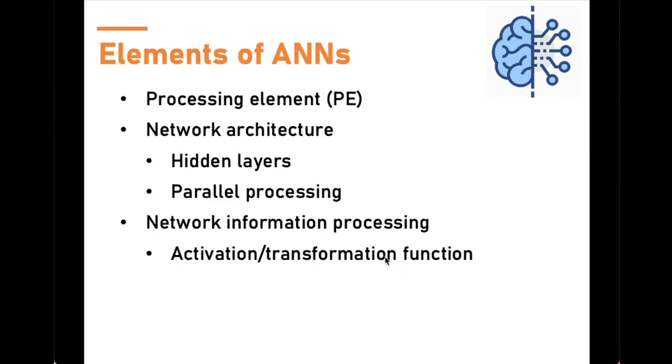This function determines the threshold at which the neuron is activated. And this function affects the performance of the network. It affects the network's operation. So you might be thinking, what activation function, what transformation function, is used?